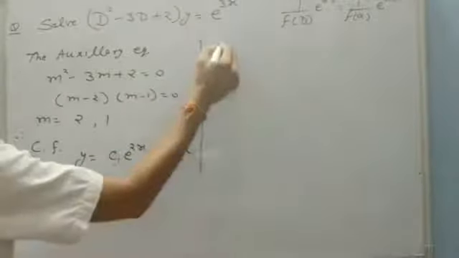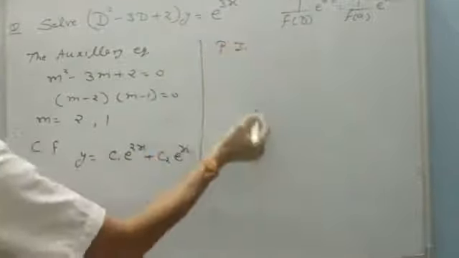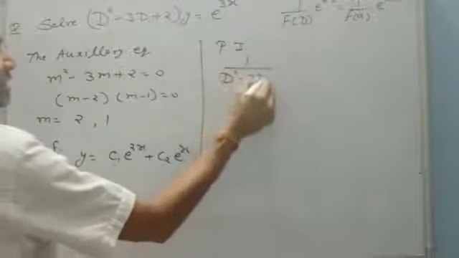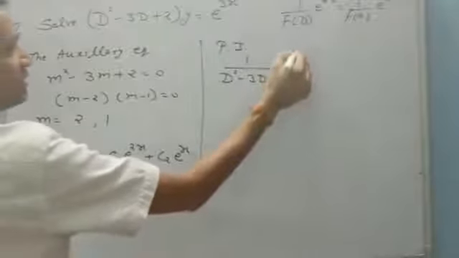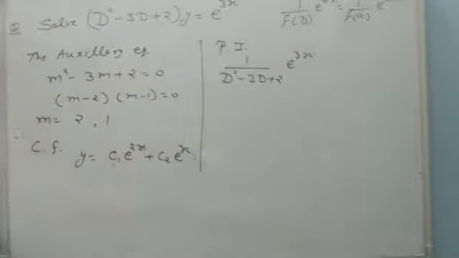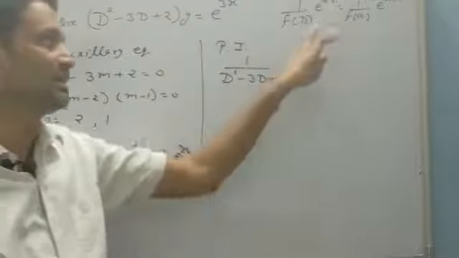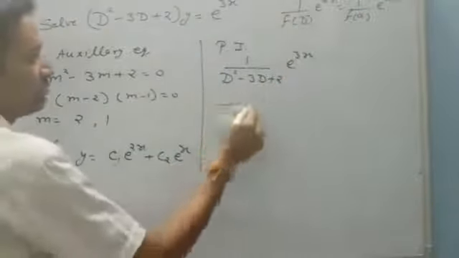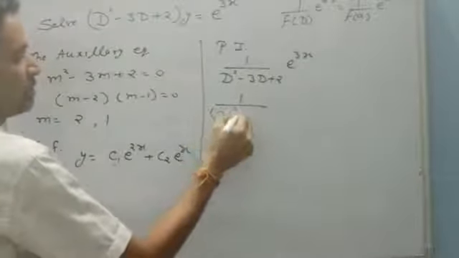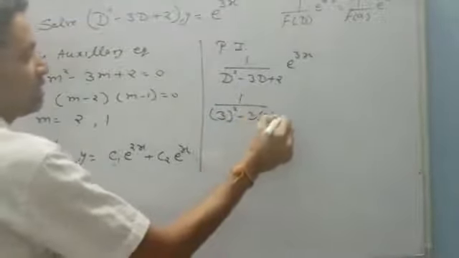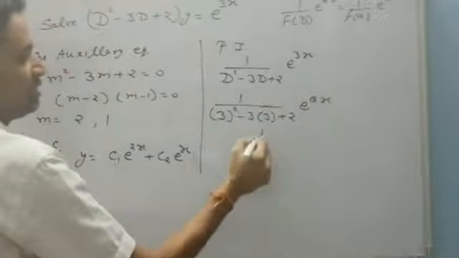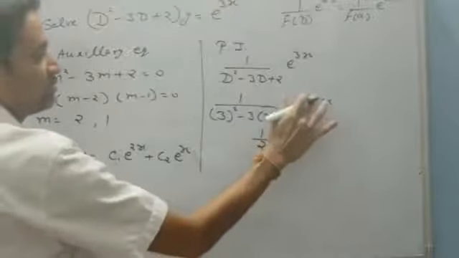Now for the PI, the particular integral, we have 1 upon D square minus 3D plus 2 e to the power 3x. By applying this formula, we just replace D with a, the coefficient of x, which is 3. So it will become 3 square minus 3 into 3 plus 2, e to the power 3x. It is 1 by 2 e to the power 3x.